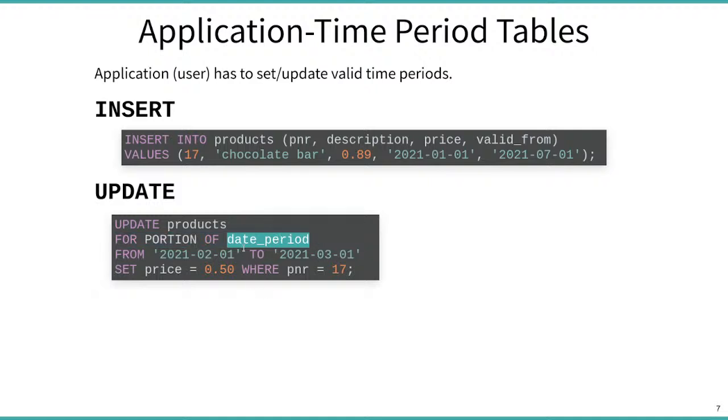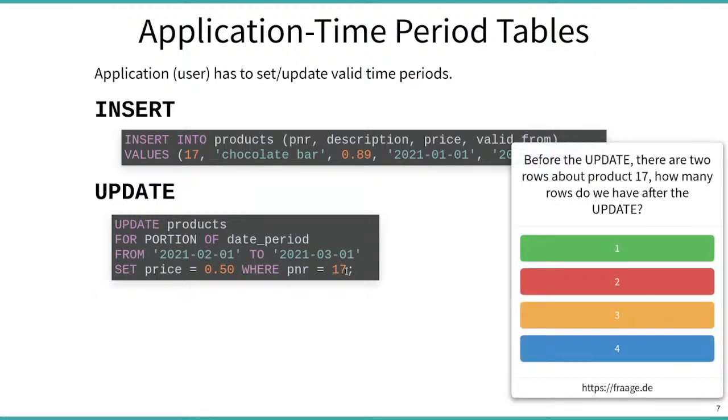This is the period that we defined in the create table command. So yes, you have to manually set the time periods, but you can use queries for that, which are introduced in the SQL standard. You can say for portion of time period from the 1st of February to the 1st of March, not including the 1st of March, the price was 50 cents of the product number 17.